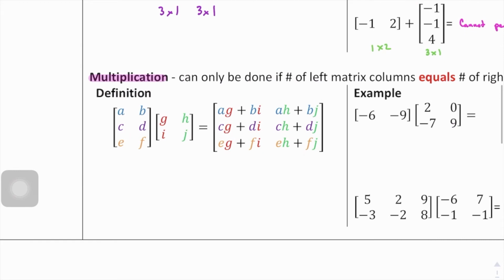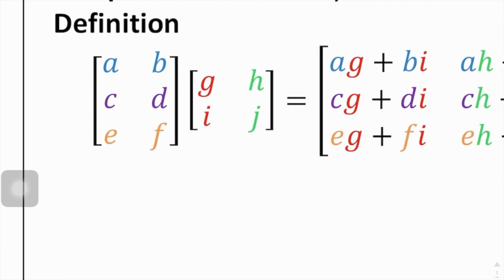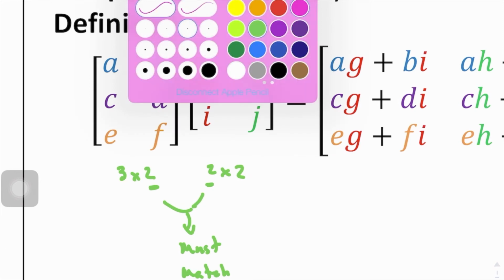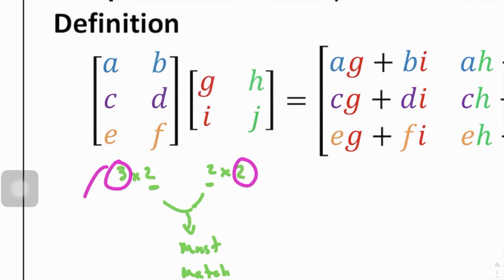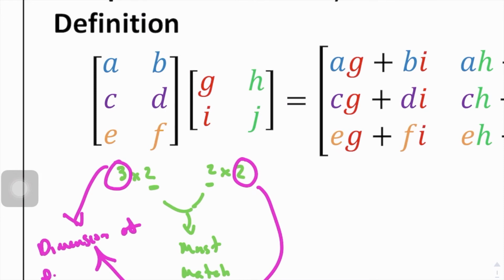So when I take a look at this particular example, the check that you'd want to always make sure to do is write out the dimensions here. This is a 3 by 2, and then we have a 2 by 2. These two numbers must match. The outside numbers are the dimensions of the product.